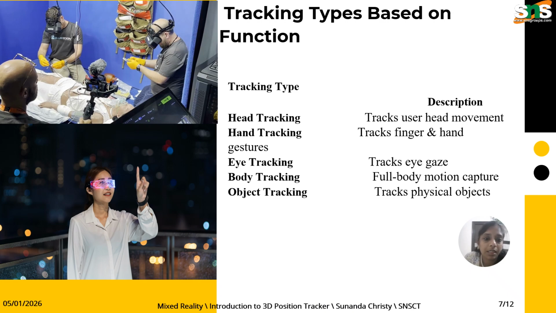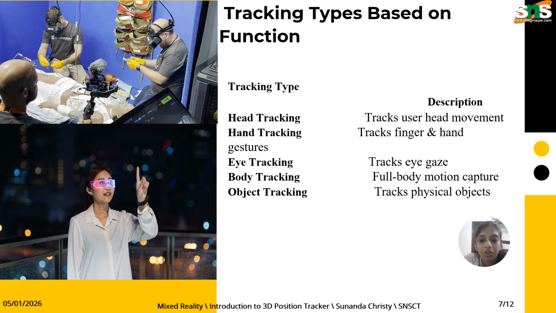So these are the tracking types, and there is head tracking. For example, if you are tracking the head, it tracks the user's head movement. When we are wearing it, and I move like this, it will track how my head movements take place.